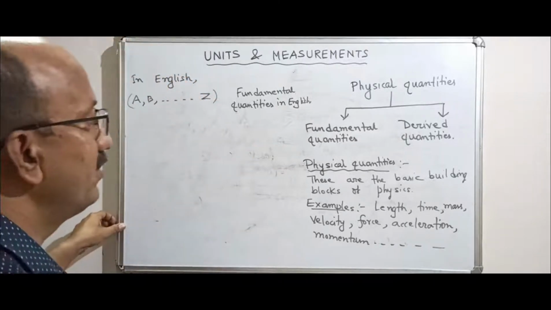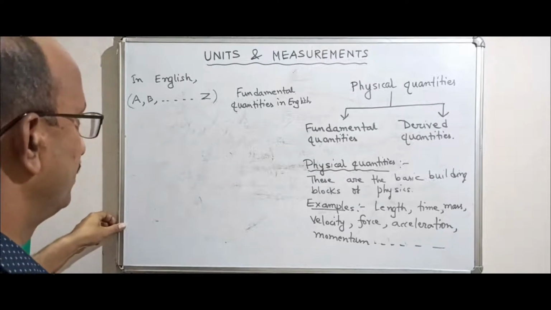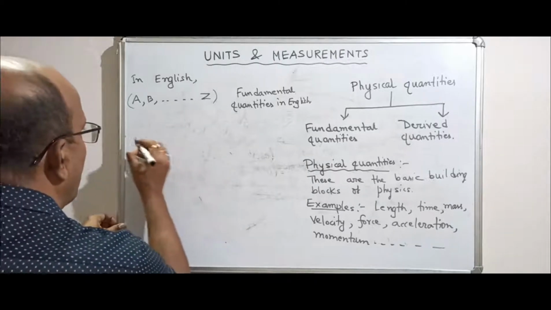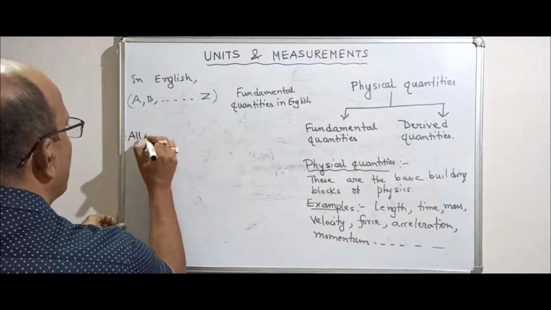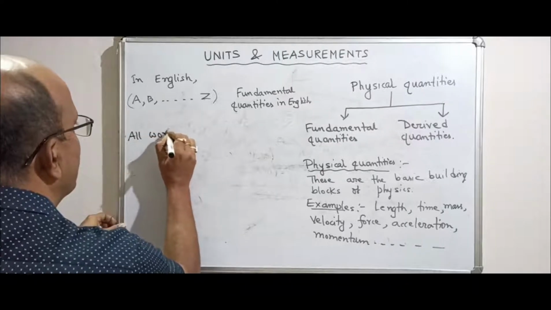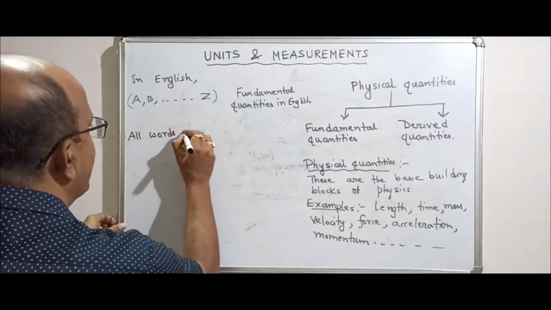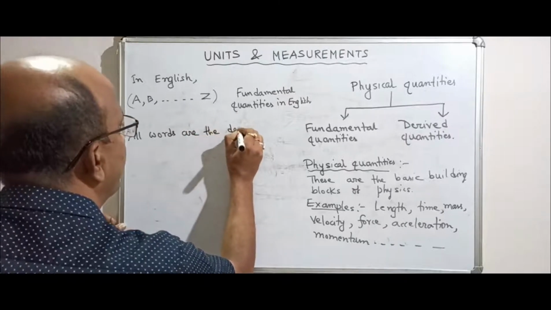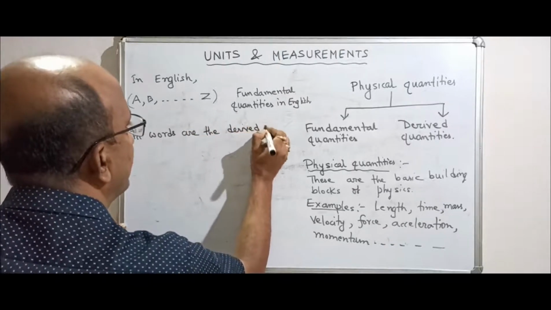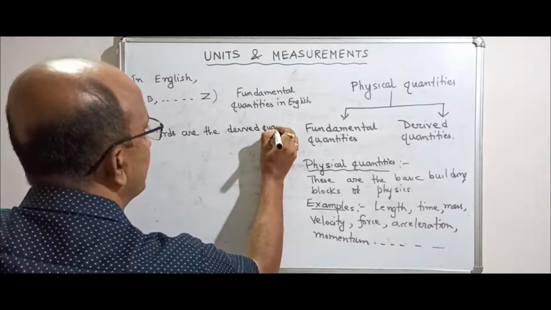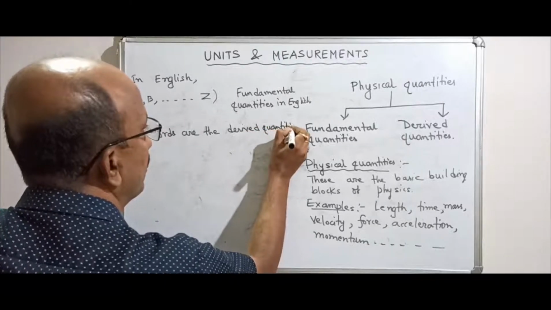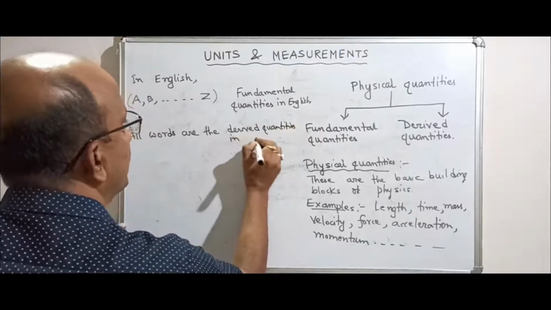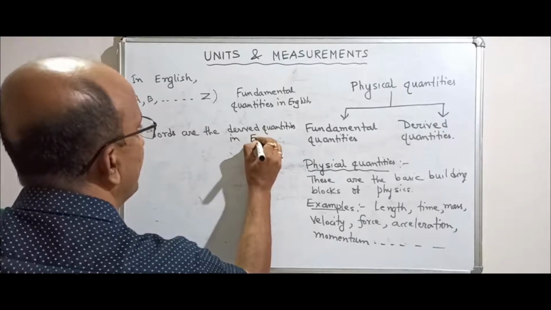But what are the derived quantities? All words are the derived quantities in English. Now, why are words derived quantities in English?